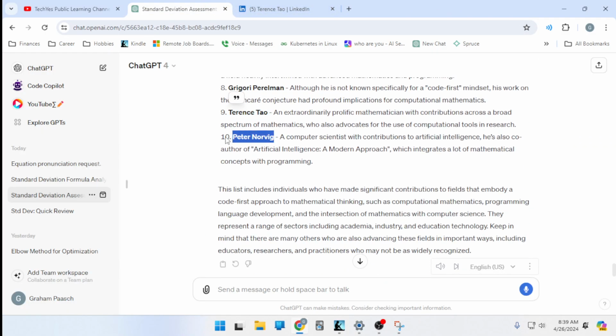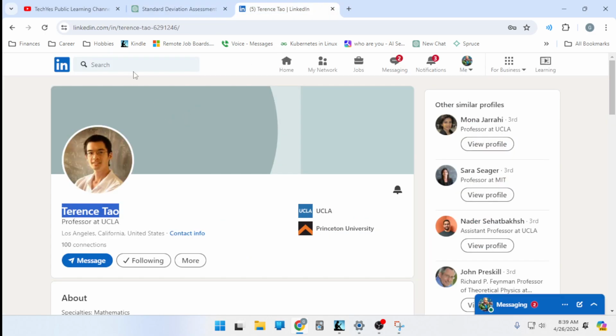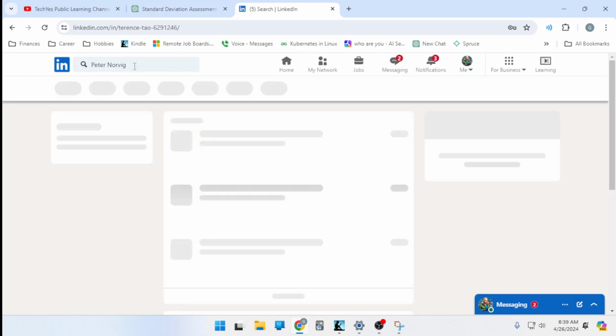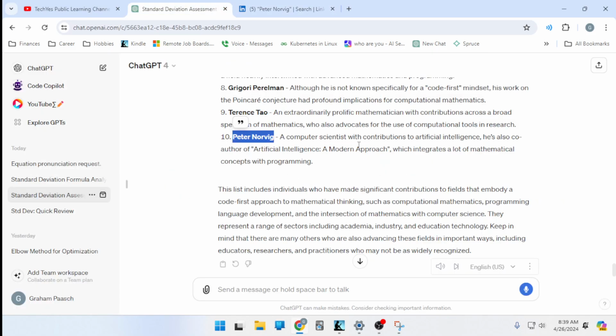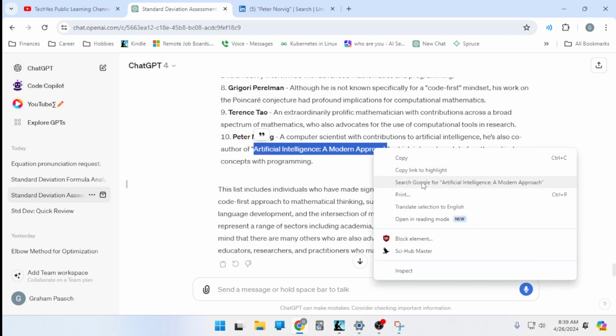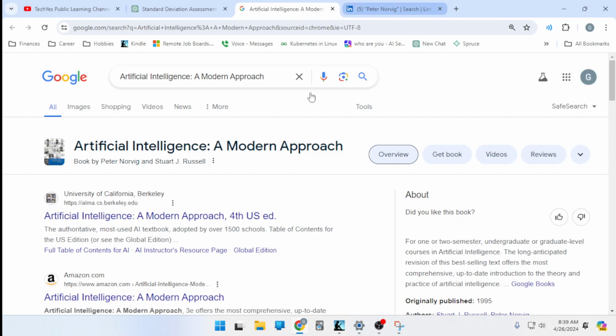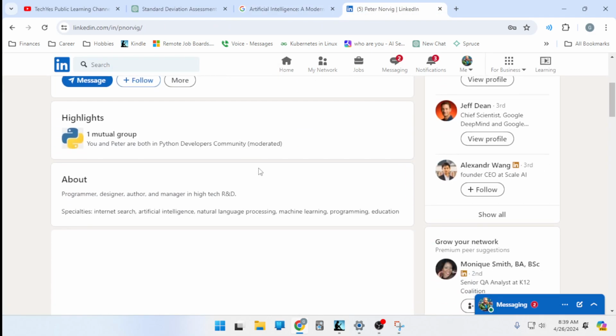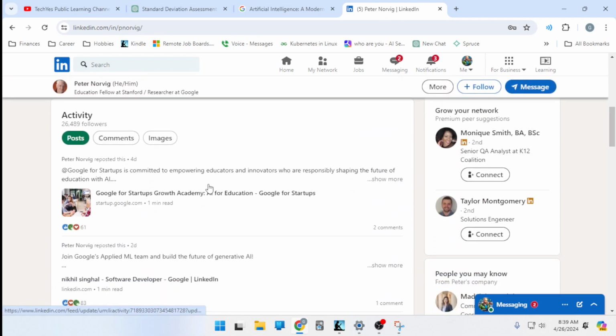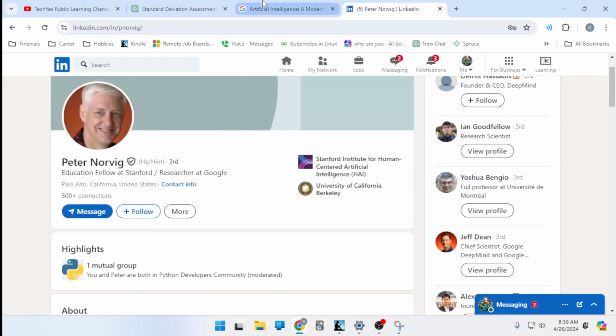All right, and then one more person, and we'll keep reading the book. This is kind of the slow part. There's just a lot to go over. So this is a person who, yeah, Artificial Intelligence: A Modern Approach. That looks good. That might be a good one for later. All right, I think this is him. He's at Stanford.